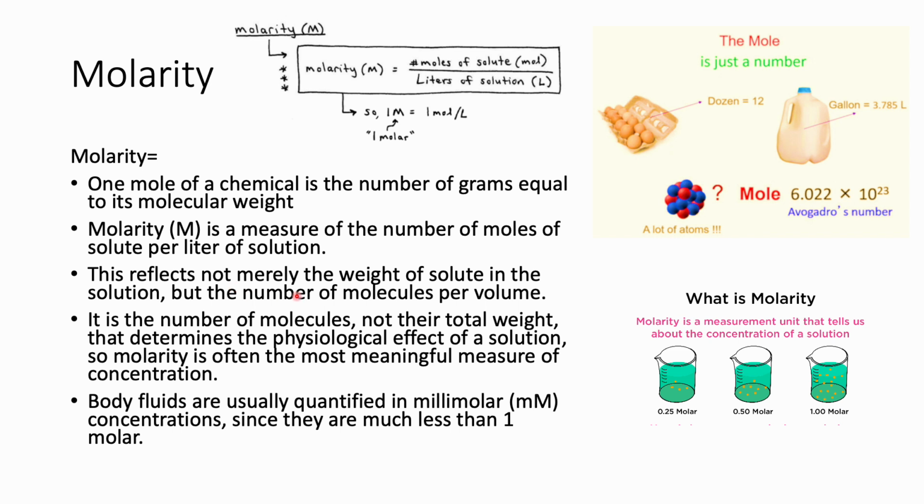This reflects not merely the weight of the solute in the solution, but the number of molecules per volume. So molarity is a measurement unit that tells us about the concentration of a solution. Here we have 0.25 molar, 0.50 molar, and 1 molar. Do you notice that in each of them, there are more solutes, more moles in that liter of solution? Alright? So it is a measure of concentration.